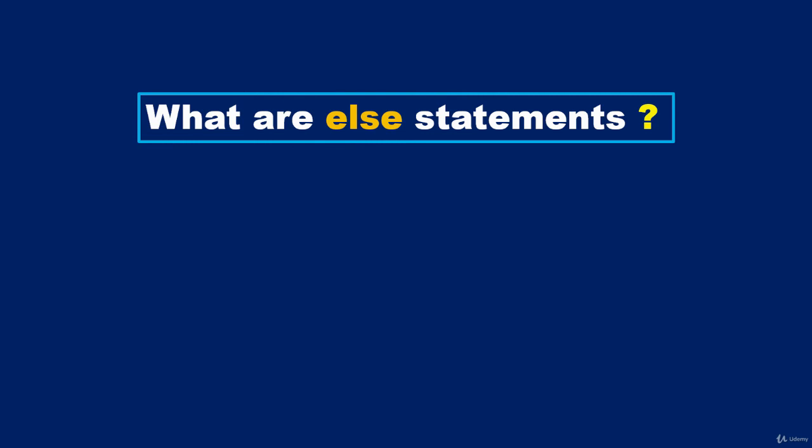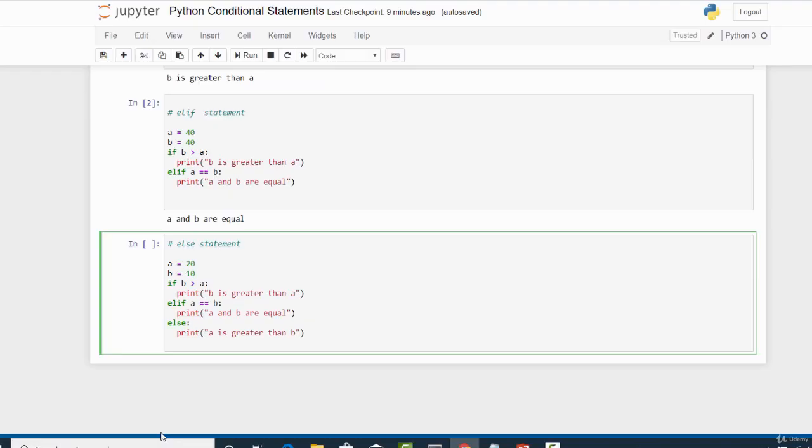What are else statements? Else statements are used to execute a block of code when the conditions evaluate only to false. I added some code into this new cell to illustrate how the else statement works. I have two variables. Variable A has a value of 20.